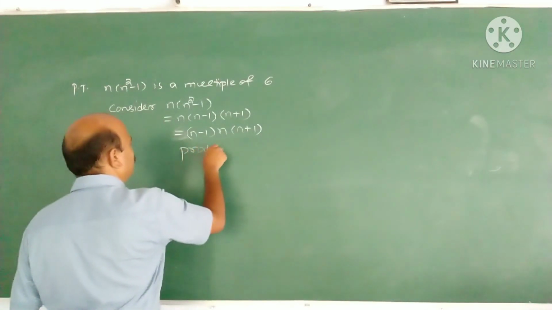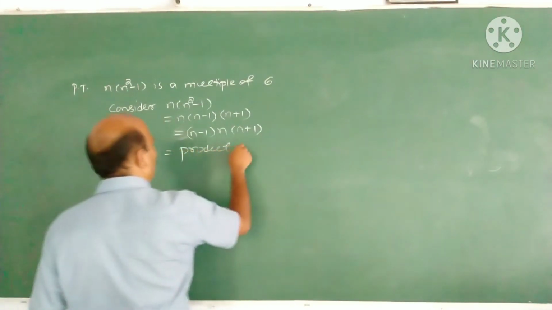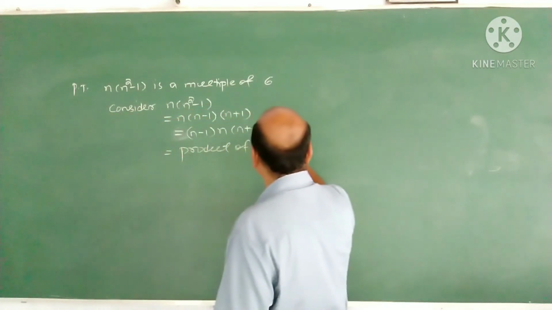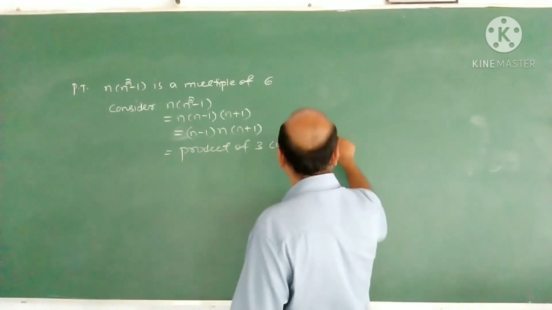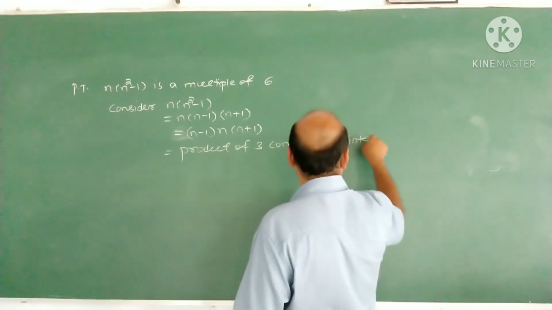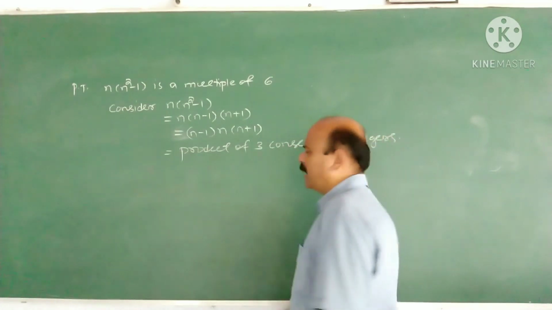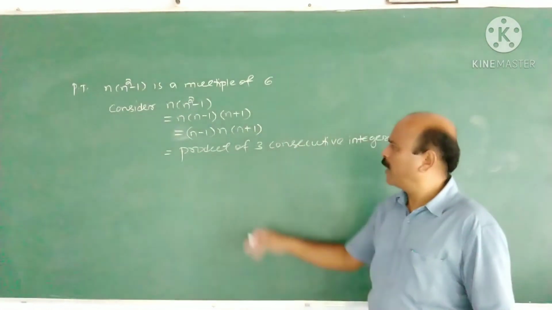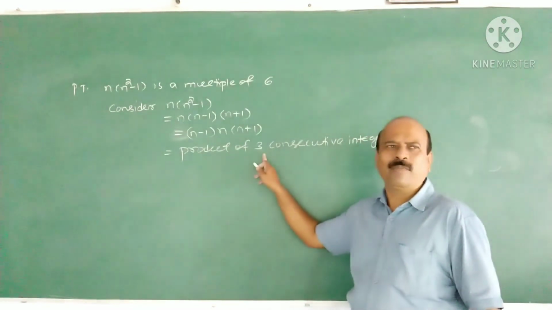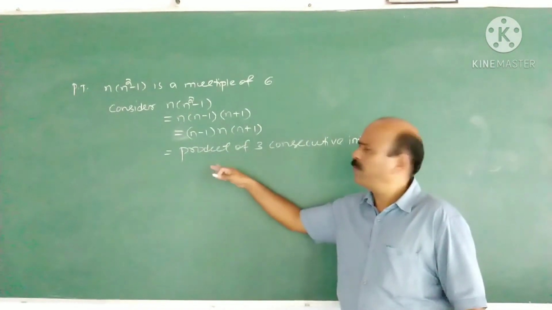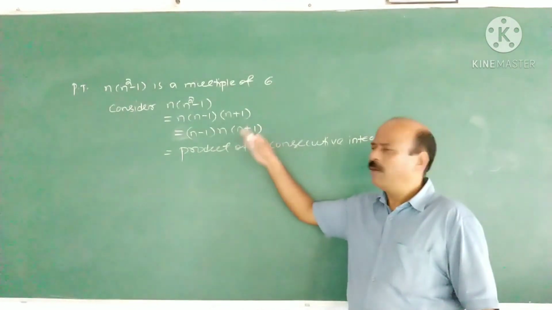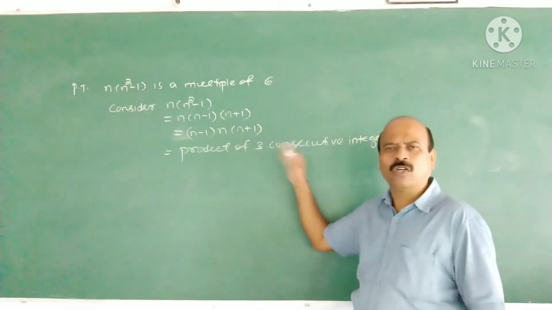Product of 3 consecutive integers. See here, the theorem states the product of any 3 consecutive integers. It may not start from 1. It may start from any number, but it must consist of 3 consecutive numbers.